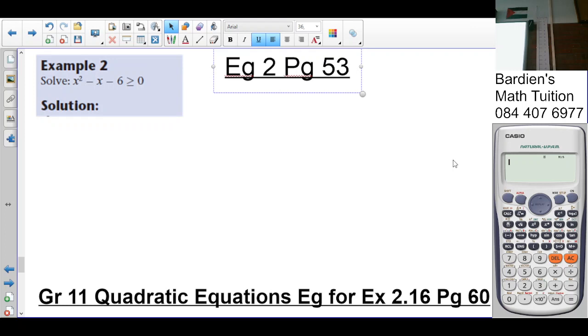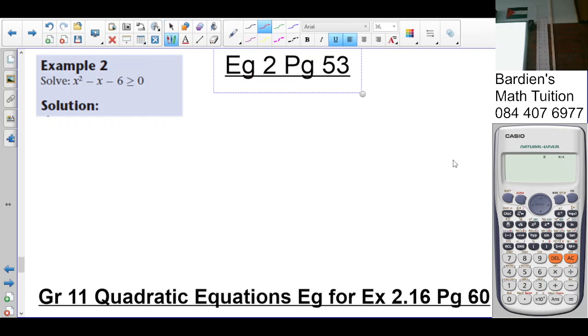So what's the next thing? Factorize. So factorize this quickly. You can either factorize it using the trinomial or the quadratic formula. So it's going to be x and x, 3 and 2, minus 3 plus 2.